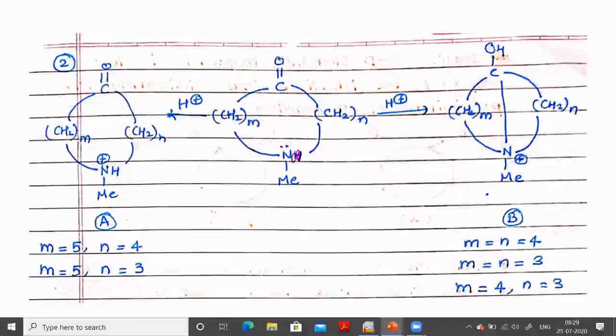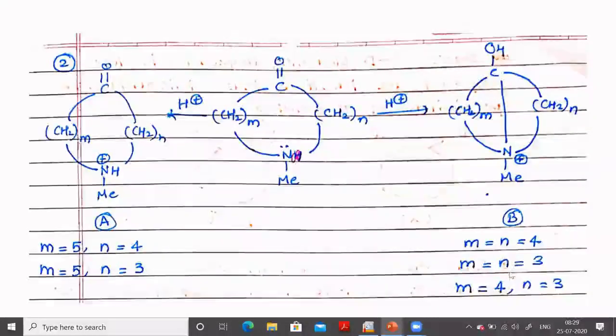And it has been seen that when we have this kind of rings, let's say M and N are equal to 4, and the other is 3. If you count these in total, that is 8 carbon atoms, and including these two, there will be a 9-membered ring. Sorry, 10-membered ring.